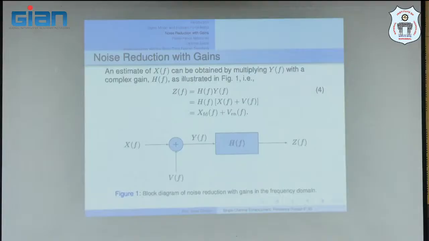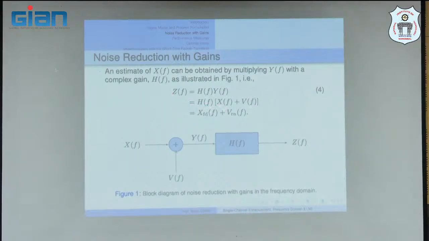Even though H can be a complex number because we work in the Fourier transform domain, it makes sense that H will be between 0 and 1. Even a real number can do a good job. I don't say that we restrict that and look only for real numbers, but it makes sense that if we want to reduce noise, maybe it's between 0 and 1.